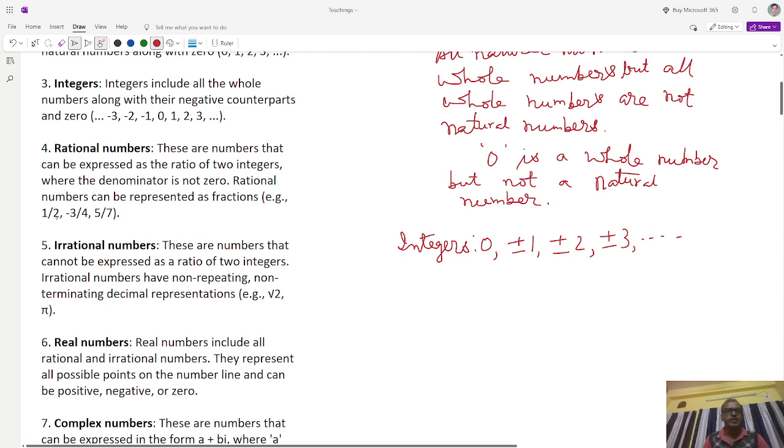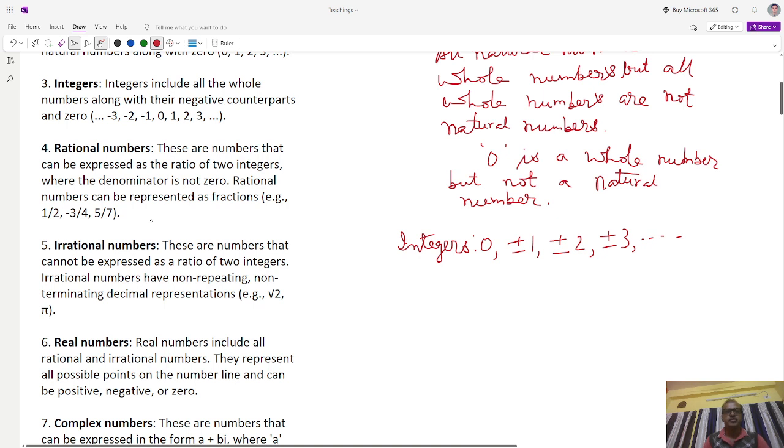Example, 1 by 2, minus 3 by 4, 5 by 7. Look here, the numerator and denominator all are integers, but the denominator is not equal to 0. Then the number is known as a rational number.